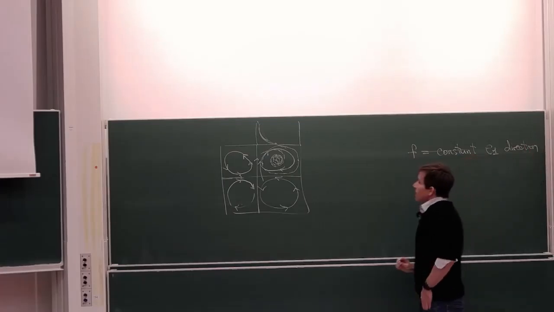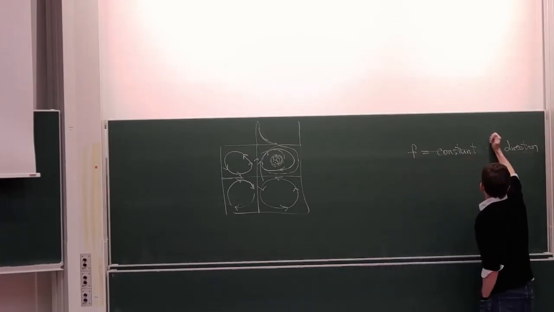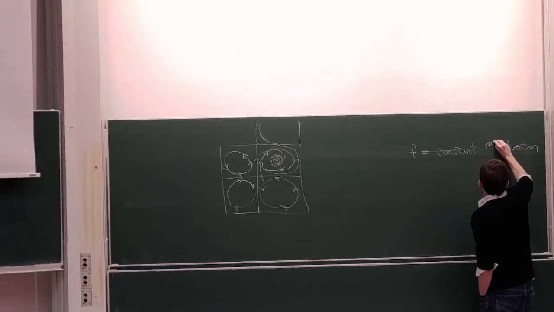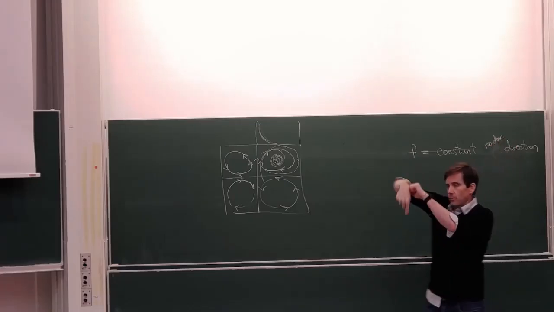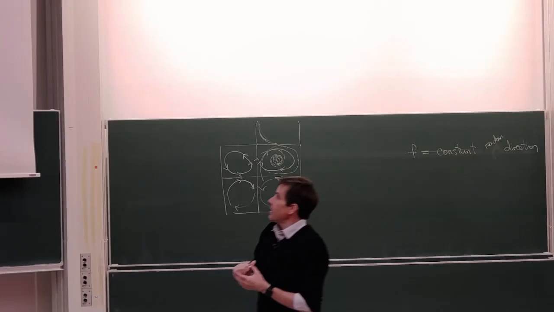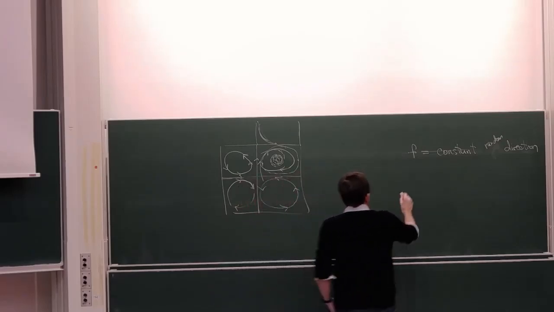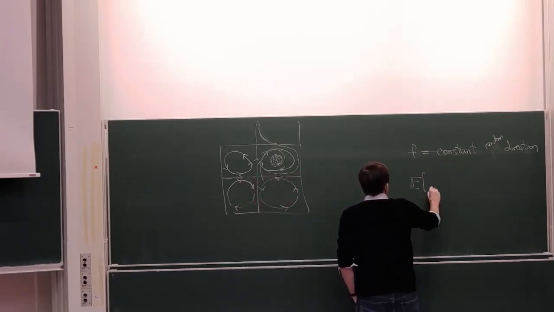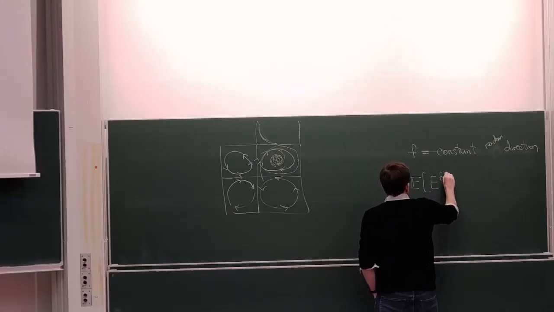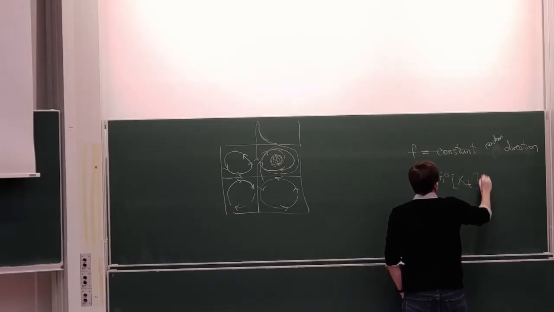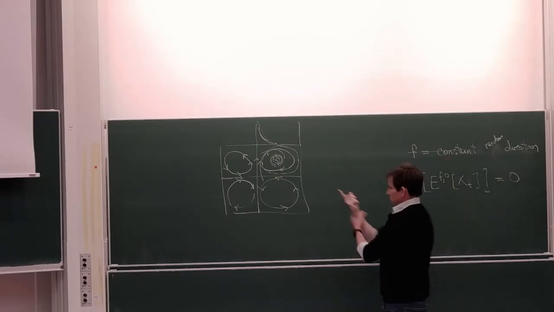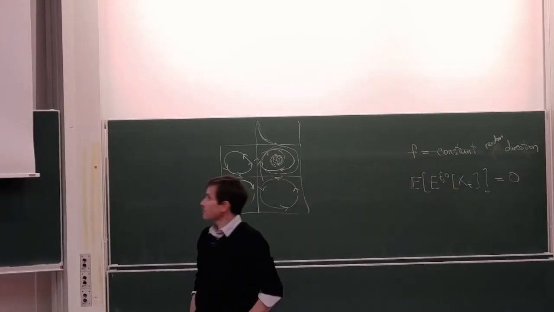Or let's say constant in a random direction, a completely random direction chosen on the unit sphere. Then the double expectation of this process by symmetry is 0, because just everything is symmetric.